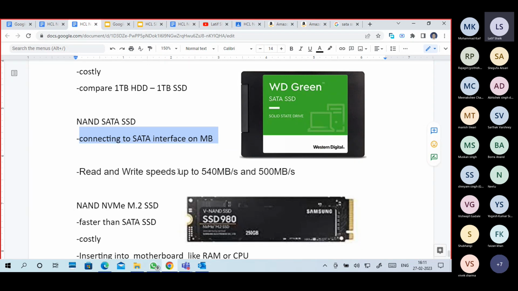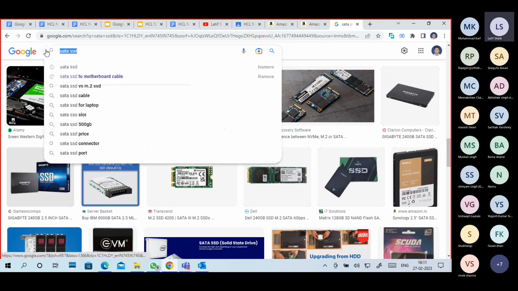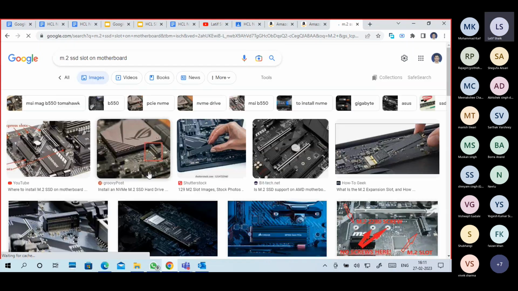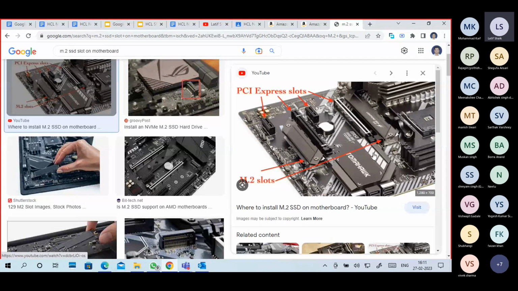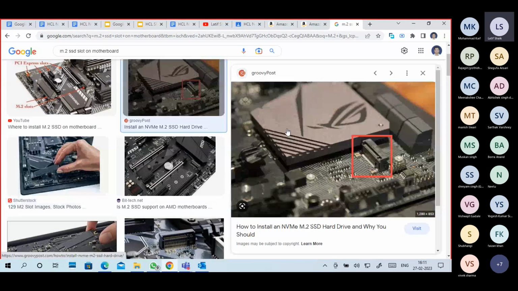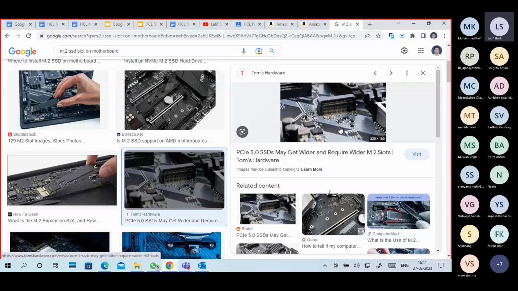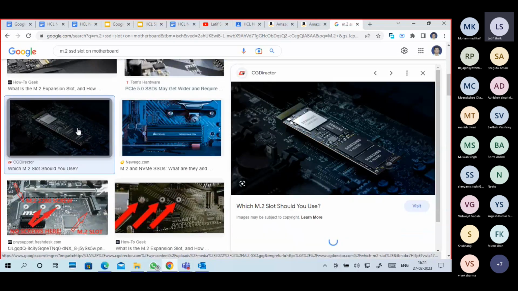Another type is M.2 SSDs. We can connect an M.2 SSD directly on your motherboard like this. This is the SSD slot. You can connect it directly, the same way you connect RAM.